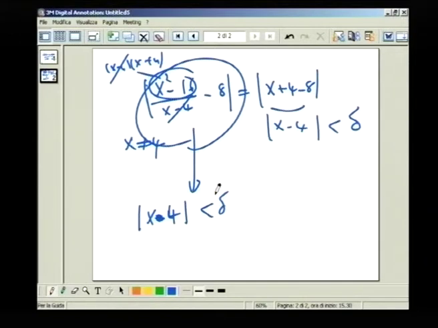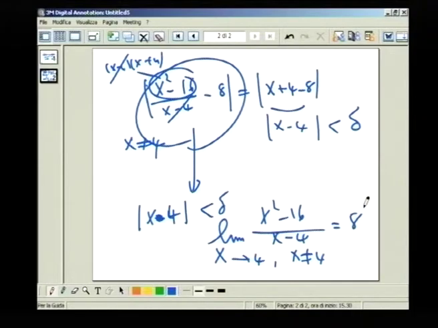So the idea is that x squared minus 16 divided by x minus 4 will approach the value 8 in a deleted neighborhood of the point 4, because this function and x plus 4 are the same so long as x is not equal to 4. So we can say now directly that the limit, when x tends to 4, that is, x is not equal to 4, of x squared minus 16 divided by x minus 4 is equal to 8.